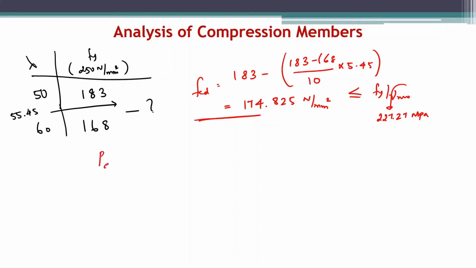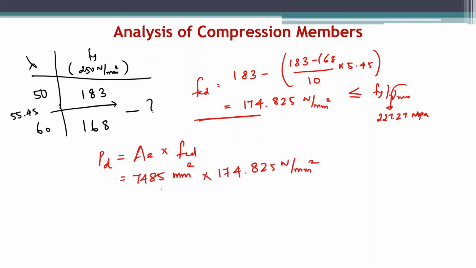Now the design compressive strength of the given member is area into design compressive stress. Area is 7485 mm square and design compressive stress is 174.825 Newton per mm square.